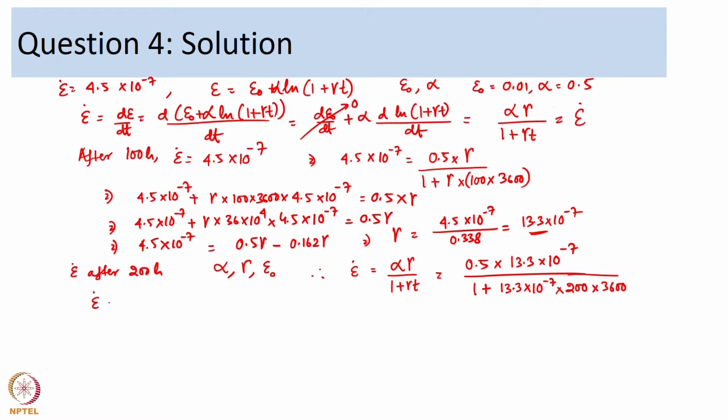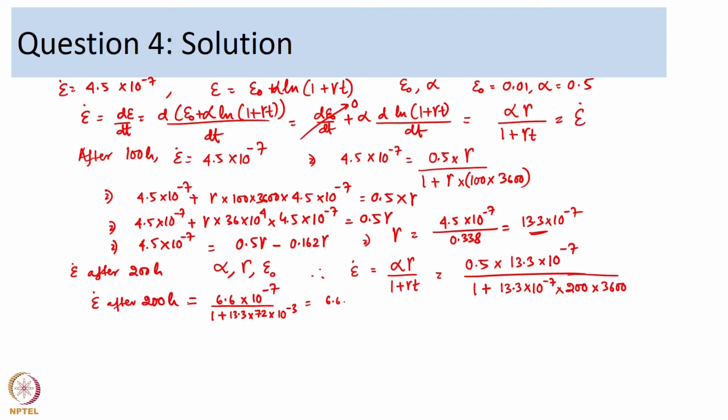Therefore, the strain rate of deformation after 200 hours is equal to 6.6 into 10 to the minus 7 divided by 1 plus 13.3 into 72 into 10 to the minus 3, 13.3 into 72.